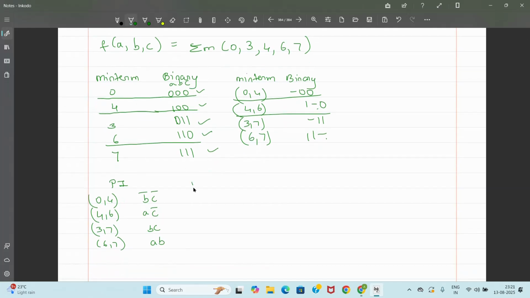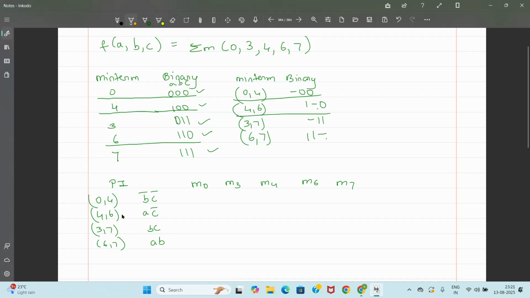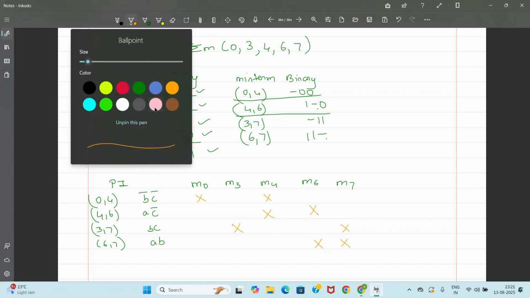Okay. Now list out the minterms M0, M3, M4, M6, and M7. We'll put X now for 0, 4, 4, 6, 3, 7, 6, and 7.